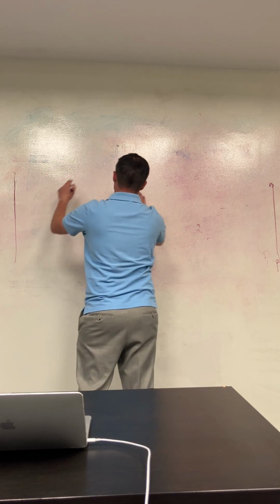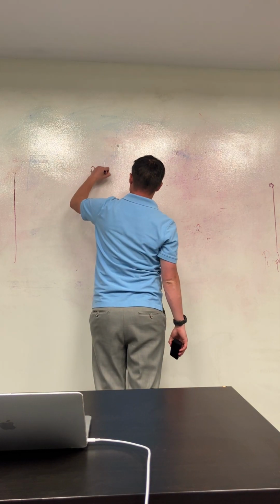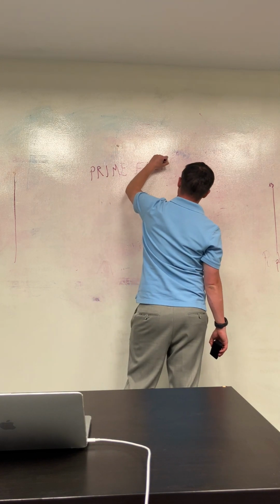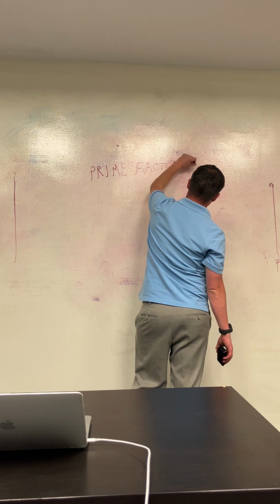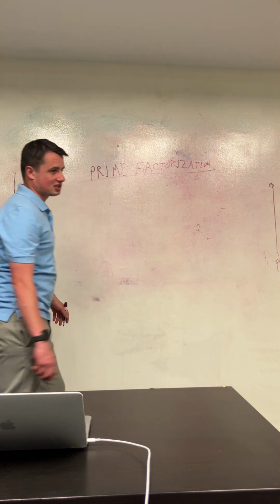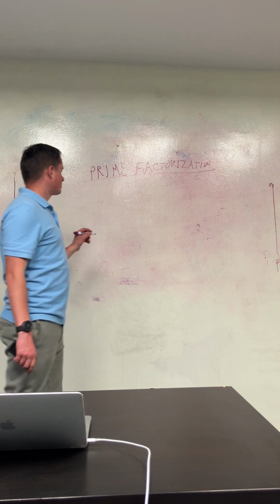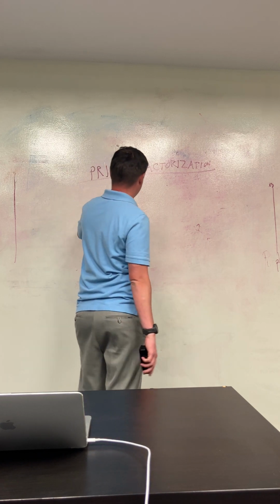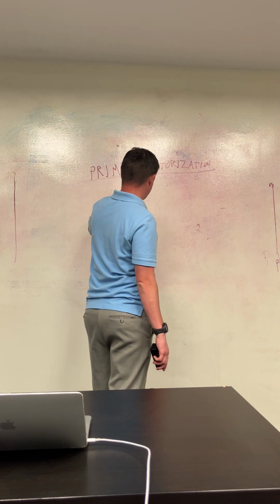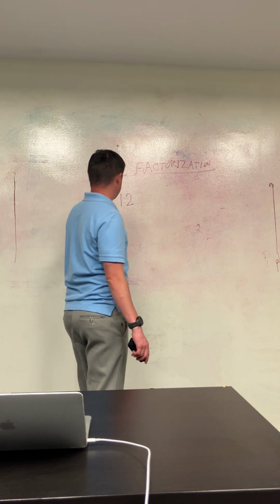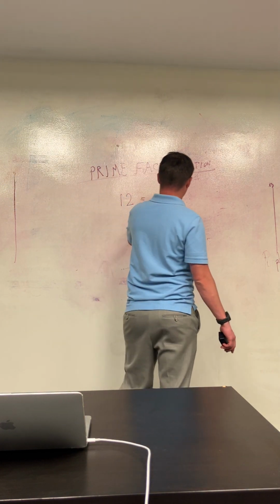Now, sometimes we want to do the prime factorization of a number. I don't know why anyone actually enjoys it, but sometimes we want to for purposes of becoming ASVAB experts. Let's use 12 as an example. You can write 12 as 3 times 4.